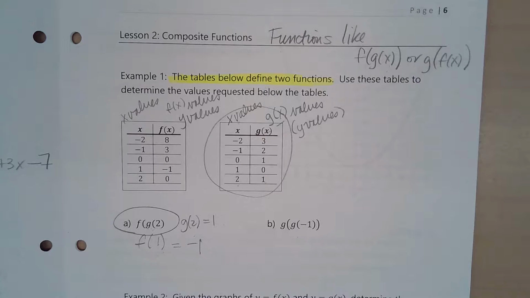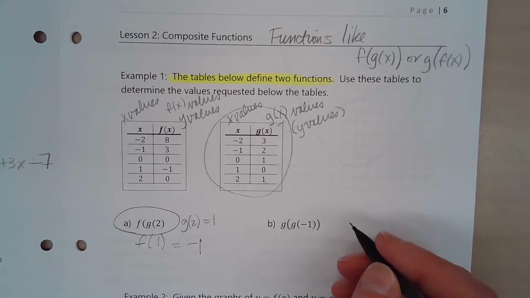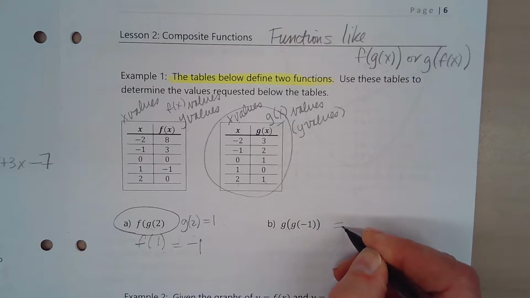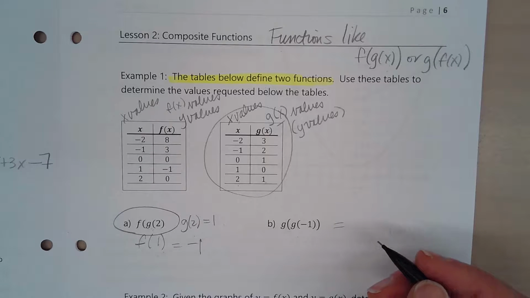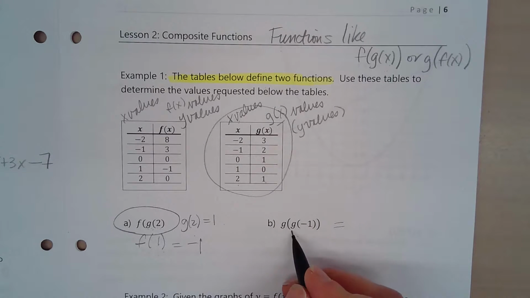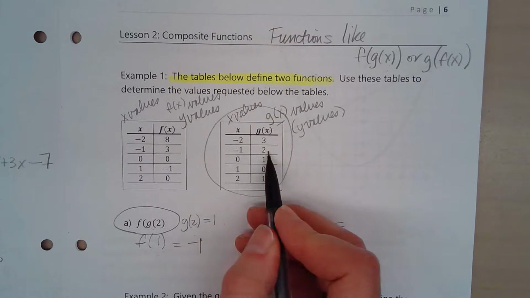What's G of G at -1? I thought it was 2 as well. Yeah, it's 2. Okay, we've got to work inside out. What's G at -1? 2.